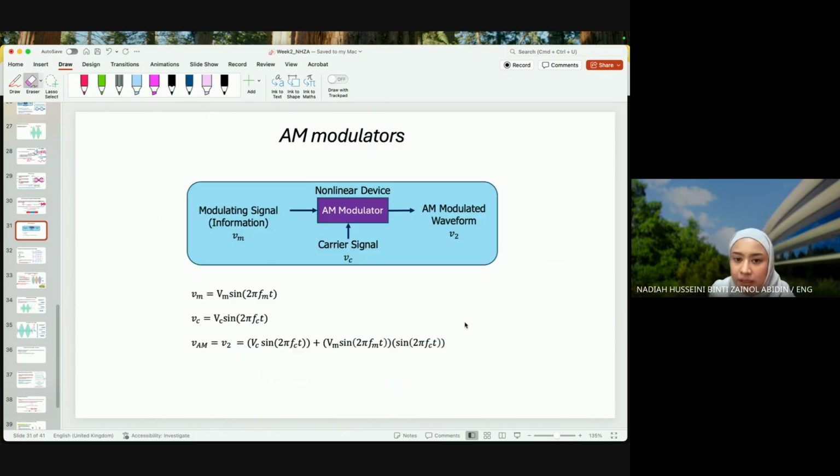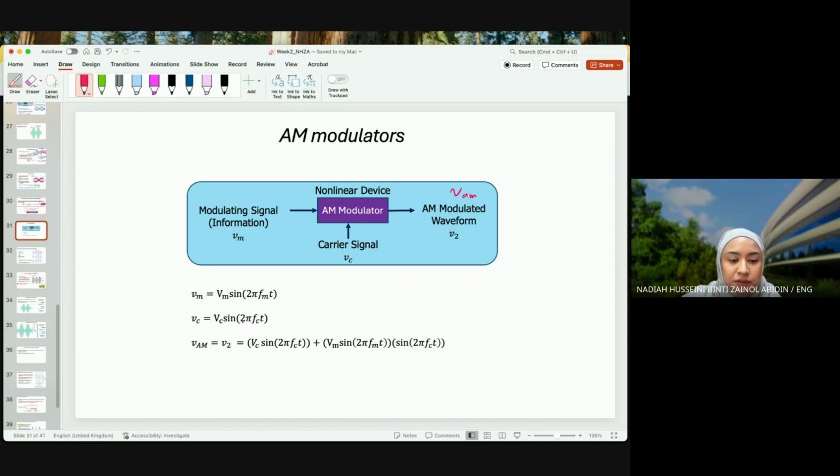Okay, again, recapping what we just learned about the equation. We have our AM modulator. We are feeding it a modulating signal called instantaneous VM, and then we are feeding it instantaneous VC. When we combine these two in an AM modulator, what we get is a VAM, or our V2 just now.